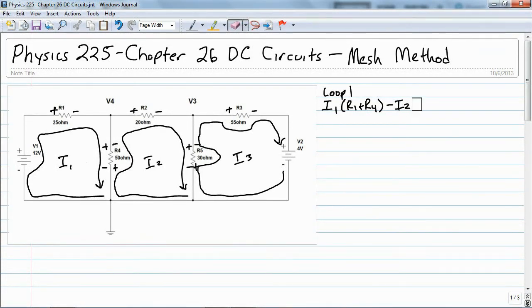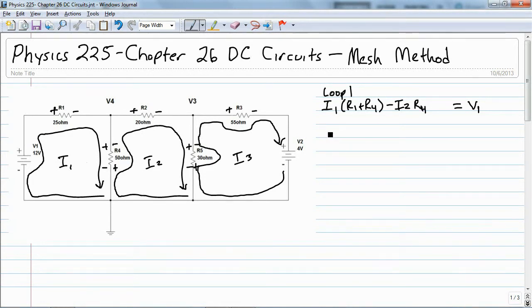That's the one common resistor between loop 1 and loop 2. And that has to equal the sum of the batteries around this loop. I start with this loop, and I go from minus to plus, so it's equal to V1, and there are no other batteries in this loop.